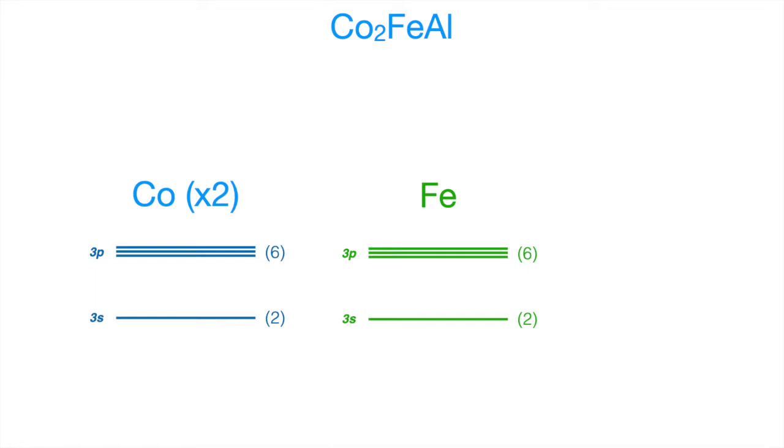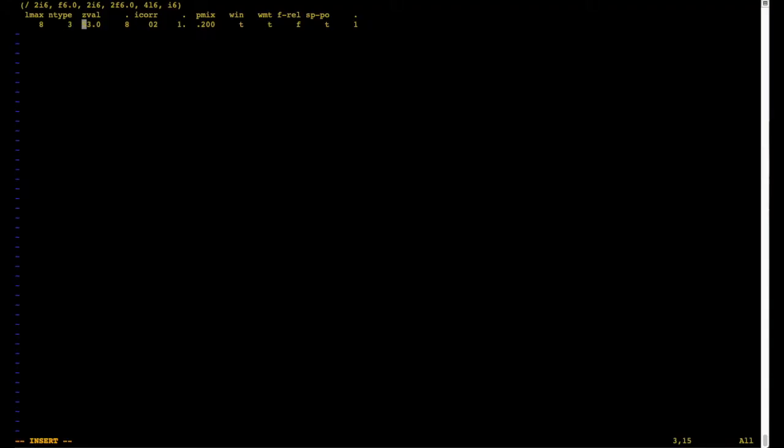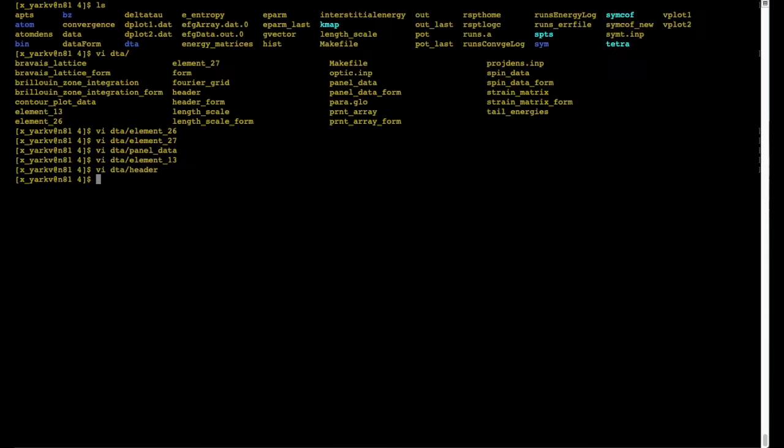So how many electrons is that? Which we have to subtract from the valence. So 53 minus 24 is equal to 29. You can see we indeed decreased the number of valence electrons quite significantly. So that will definitely make our calculation faster.